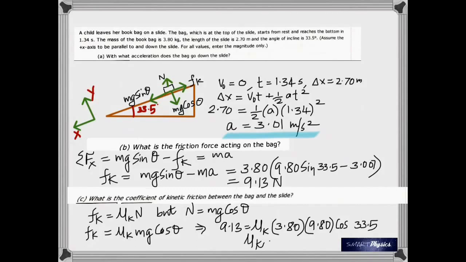On solving that, you get mu k is equal to 0.0294. Remember that the coefficient of kinetic friction has no units. So those are the three parts of that problem.